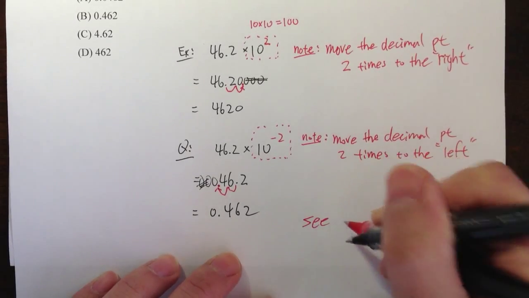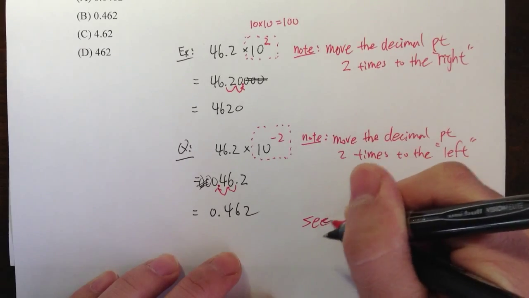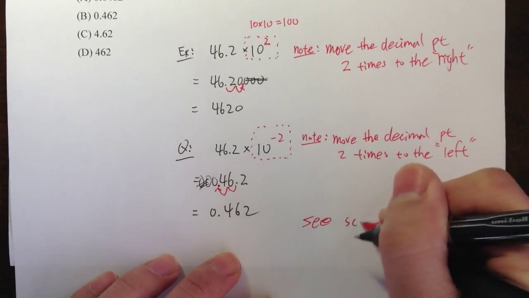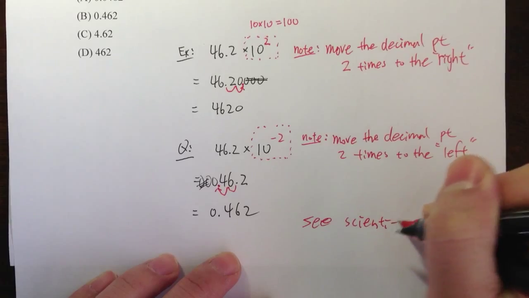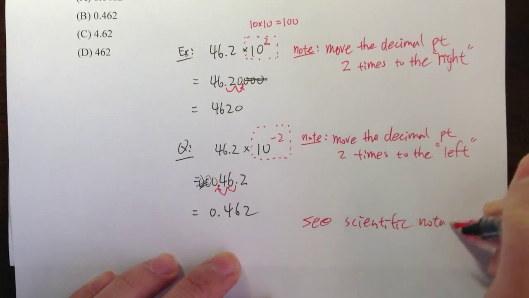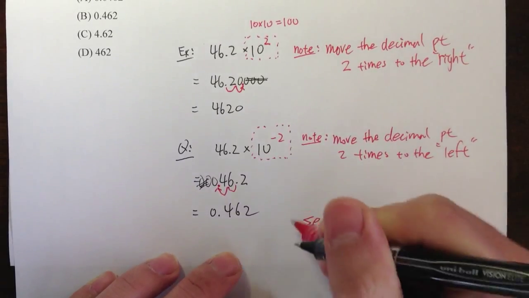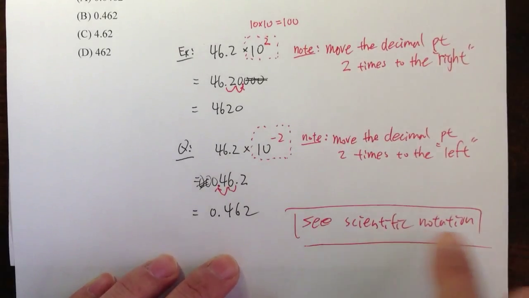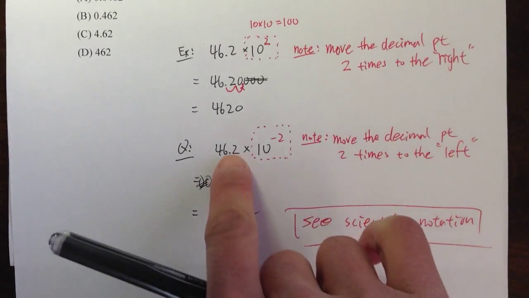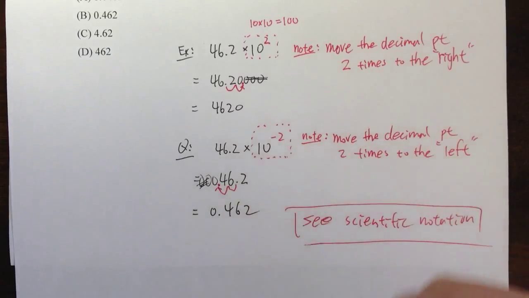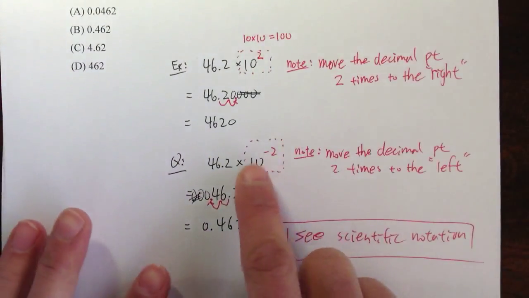To see more of how this works, I would just say see the topic of scientific notation. It has a very similar idea, where you have a number times 10 to a positive or negative whole number. But for now, I will just show you this.